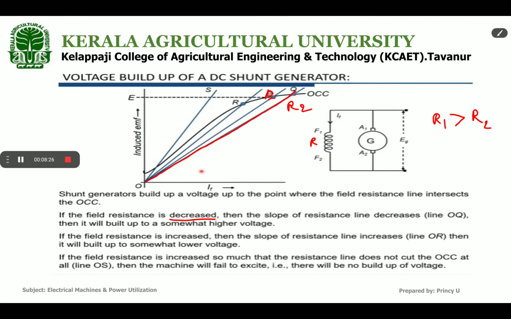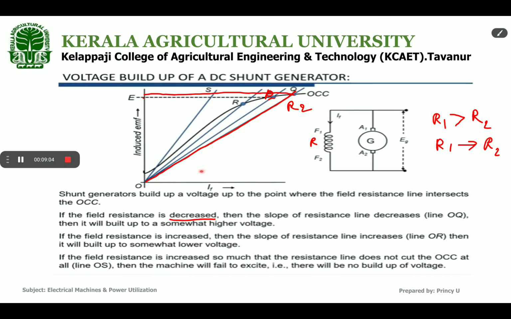When the resistance is decreased from R1 to R2, the slope also decreases, but the generator will build up a somewhat higher voltage. When we first drew the curve OP, the maximum voltage built up was E. Now, when we decrease the field resistance and draw the new slope line, it will build up a voltage much higher than the initial value. OQ will produce a maximum voltage higher than the initial value.